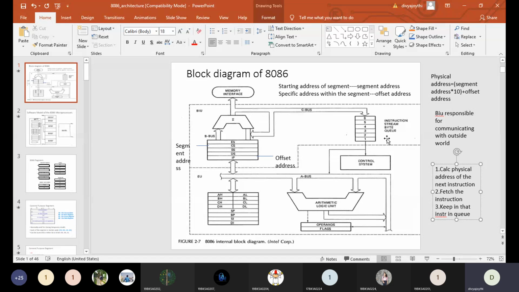So the BIU performs 3 major operations: calculating the physical address, moving on to that physical address and getting the instruction, and once it is ready with the instruction, keeping that instruction in the queue. This is the operation performed by the bus interface unit in the 8086 microprocessor.